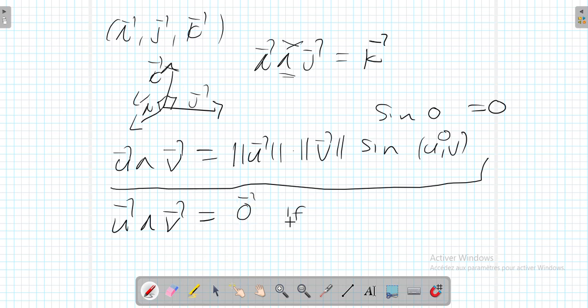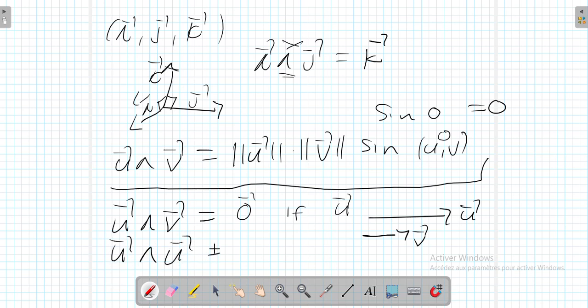Don't forget these things. So if u and v are in the same direction, that is, the angle between them is 0, so let's say this is u and maybe this is v, they're in the same direction and the angle between them is 0. This means that the vector product of the same vector is 0. Why? Because the angle between the same vector and itself is 0.